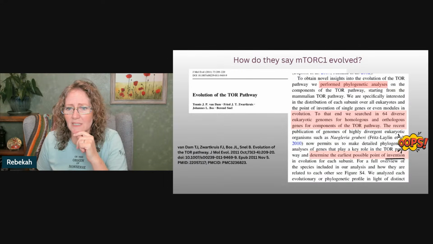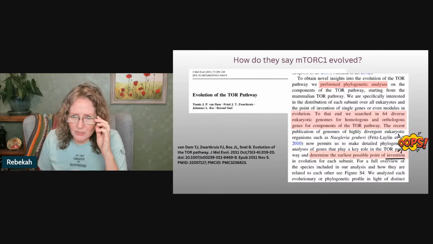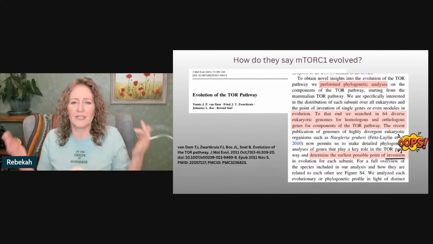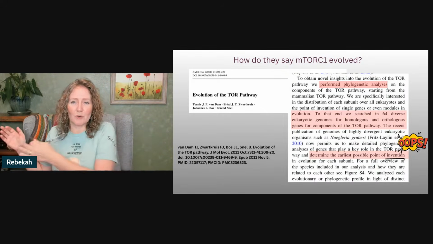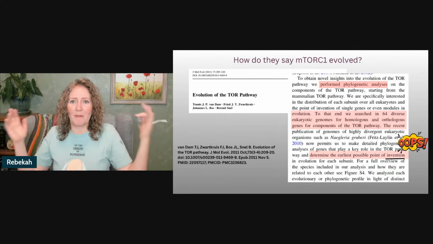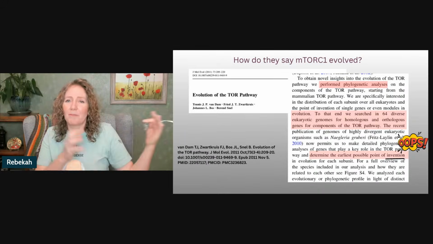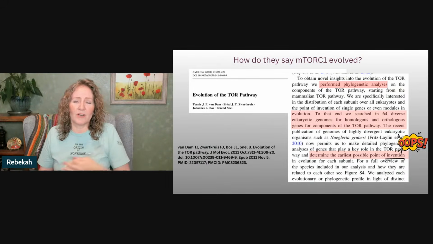To obtain novel insights into the evolution of the TOR pathway, we performed phylogenetic analyses on the components of the TOR pathway, starting from the mammalian TOR pathway. Now, what they mean by phylogenetic analyses is they are comparing the mTORC1, or the TOR pathway, in a bunch of different organisms.